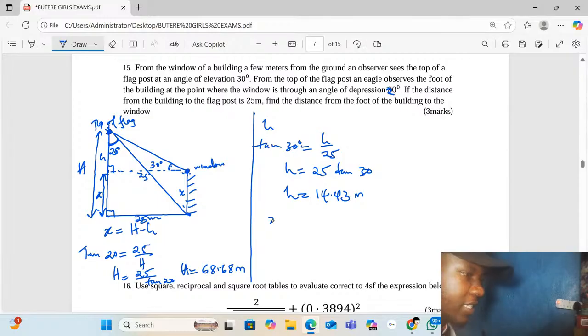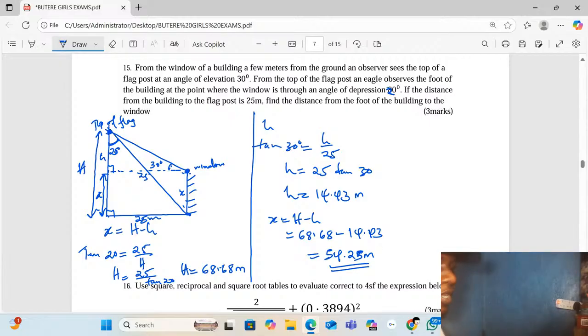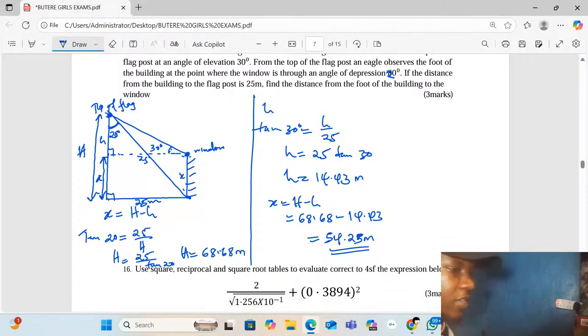We said that x is equal to capital H minus small h. Our capital H is 68.68 minus small h, which is 14.43. Our value of x, the distance from the foot of the building to the window, now becomes 54.225 meters. So that becomes the distance of the flag post.